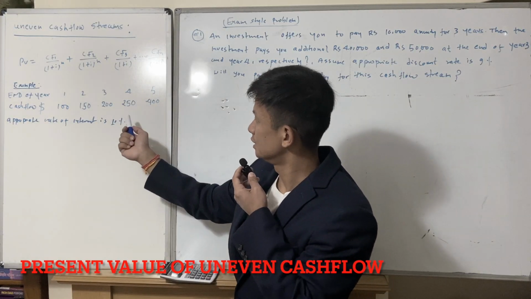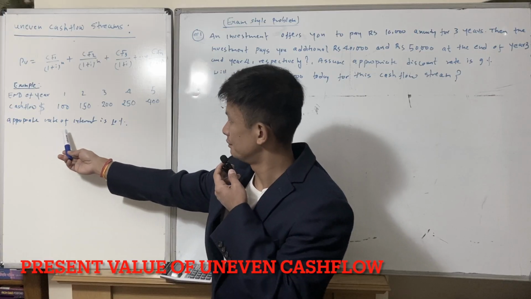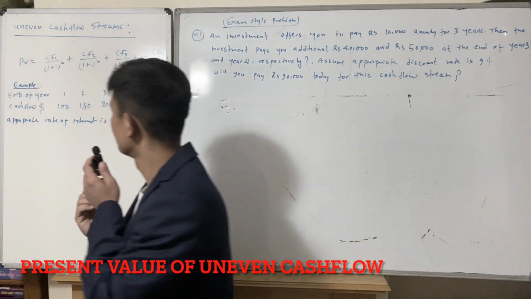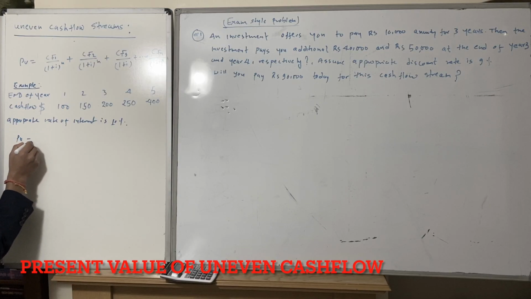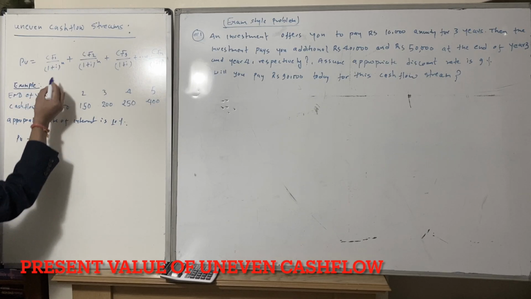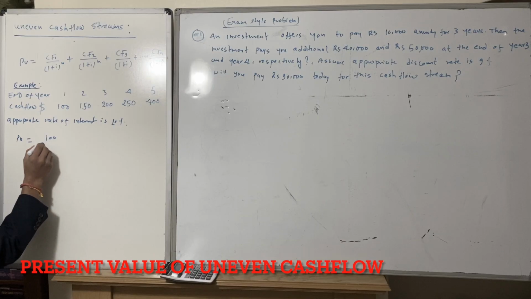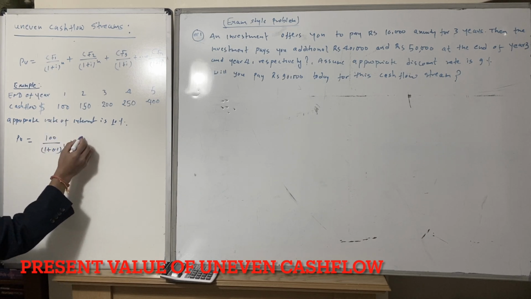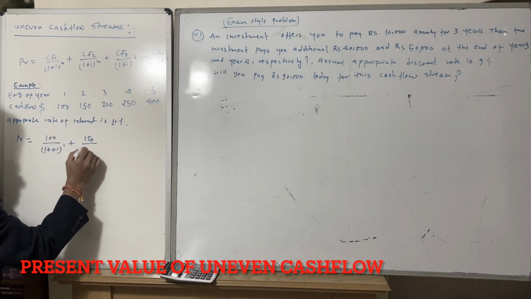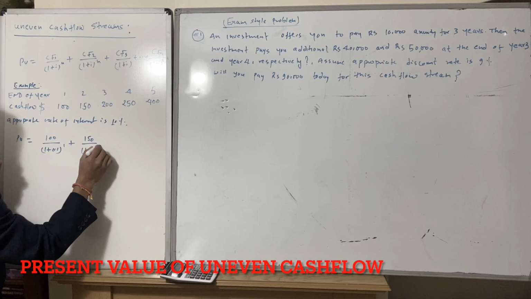So let's take this example. The appropriate rate of interest is 10%. So the present value you can calculate: cash flow 1 is 100, divided by 1 plus the rate of interest 10%, to the power 1. Cash flow 2 is 150, power 2.